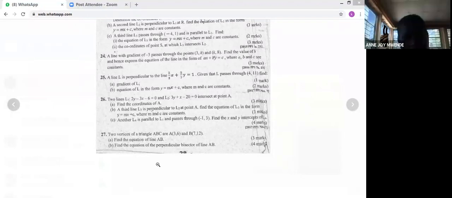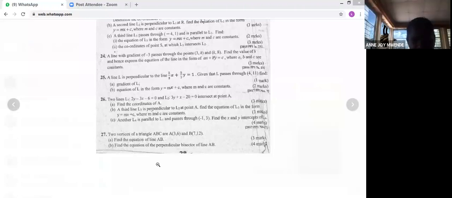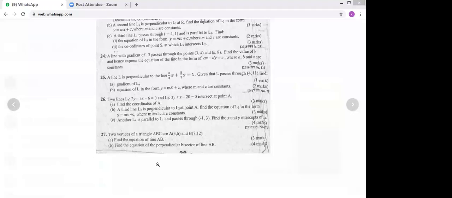We have a student by the name Abdi Samad. Abdi Samad. And you unmute yourself, Abdi. Abdi, unmute yourself.